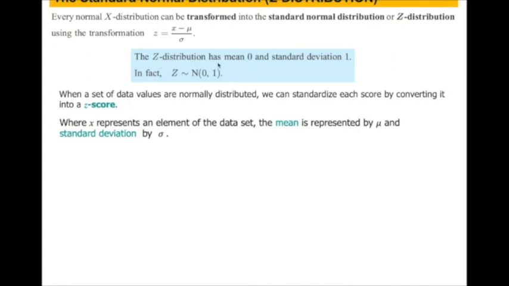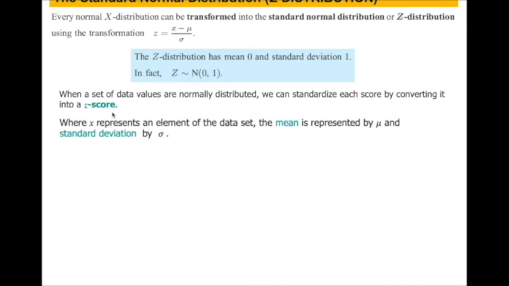The z distribution has mean 0 and standard deviation 1. So this is automatic. Mean has to be 0 and standard deviation 1 for the standard normal distribution, or z distribution. When a set of data values are normally distributed, we can standardize each score by converting it into a z-score.